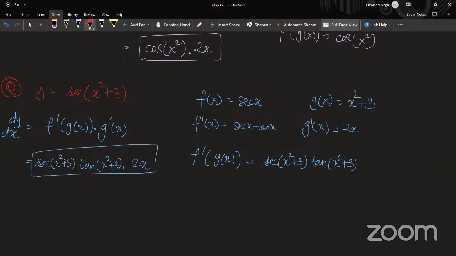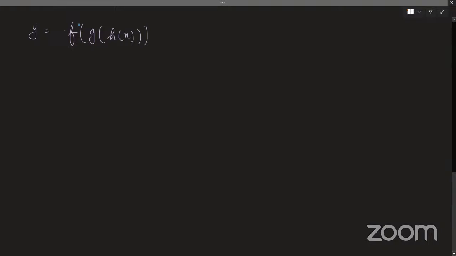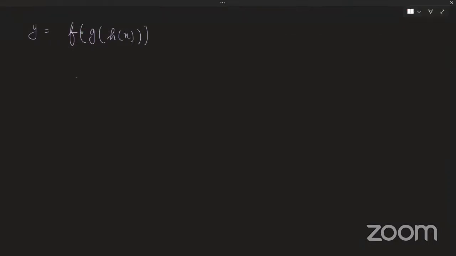Let us try the case of one more nesting. So you have got your y as f of g of h of x. You can apply your trick again. This time, you treat g of h of x as one single entity u and treat your h of x as some entity v.